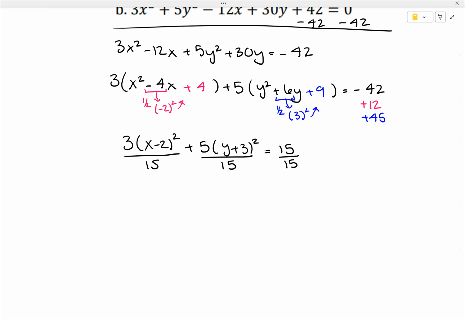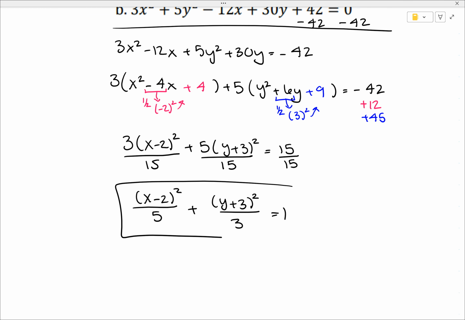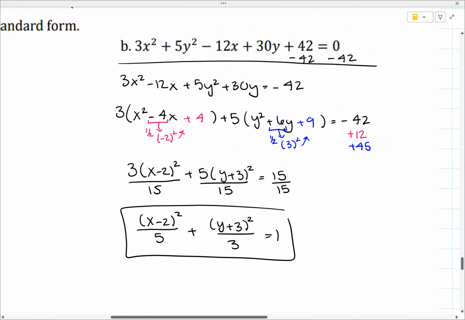We have 3 over 15 and 5 over 15, which we're going to reduce to make it in standard form. So I end up with x minus 2 squared over 5 plus y plus 3 squared over 3 equals 1. And there you go. There's your ellipse.